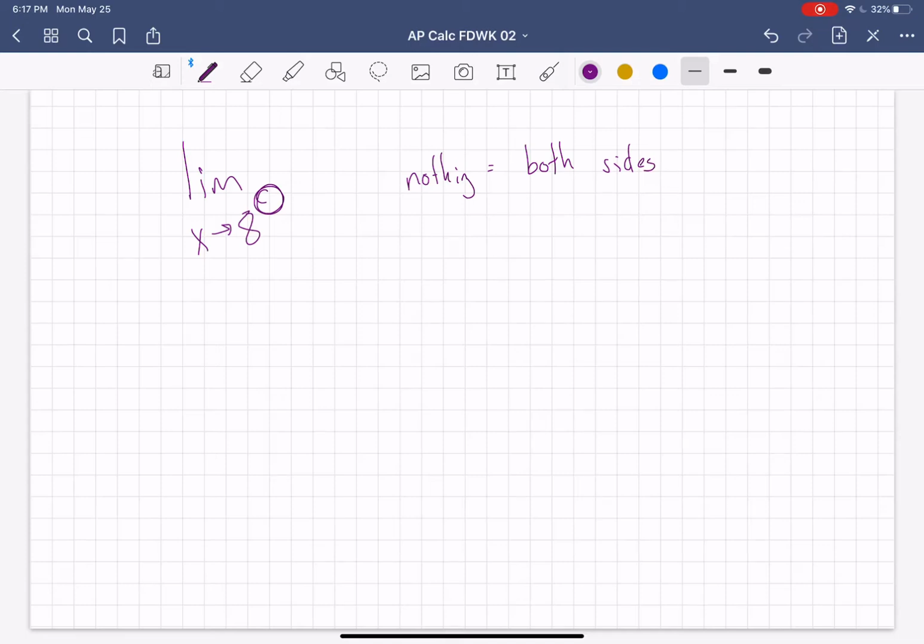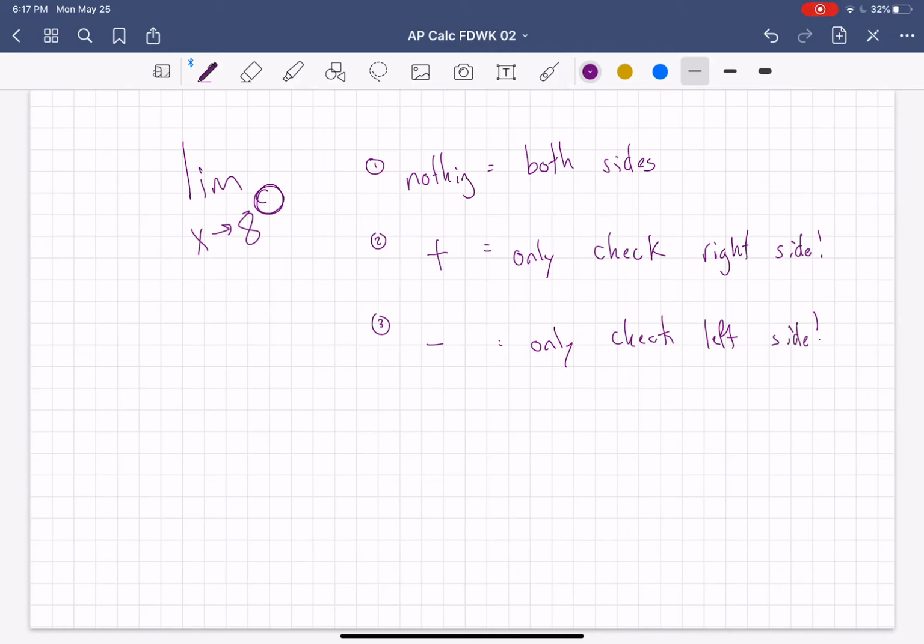If there's a positive, you only check the right side. And lastly, if there's a negative, you only check the left side.